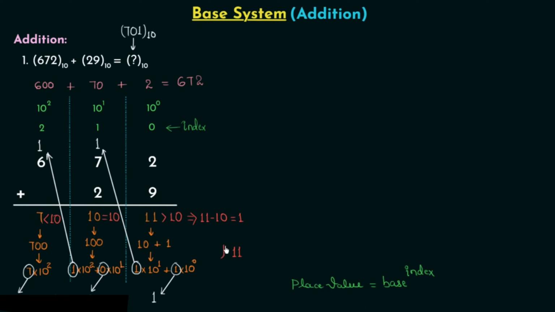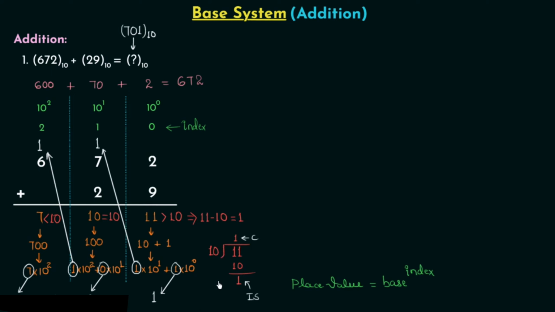And to find out the carry and the intermediate sum, we will divide 11 by the base, which is 10. 11 when divided by 10 will give us quotient equal to 1, and the remainder will also be equal to 1. And the quotient is our carry and the remainder is our intermediate sum. And this method is called as division by base method.